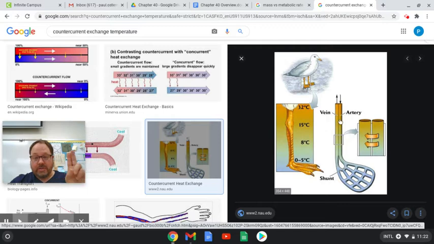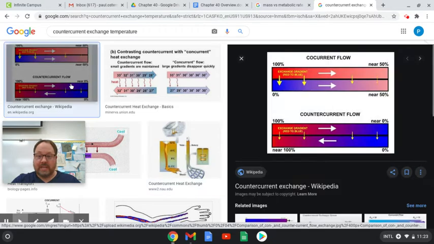So because arteries and veins run in opposite directions next to one another, the warmer blood in the arteries can transfer heat to the cooler blood in the veins, and that helps retain heat within the body. So, how can birds survive freezing cold temperatures when they have these little spindly legs? Well, the countercurrent exchange helps with that, because the warmer blood in the arteries is transferred to the blood returning from the veins, and that helps maintain or retain that heat.